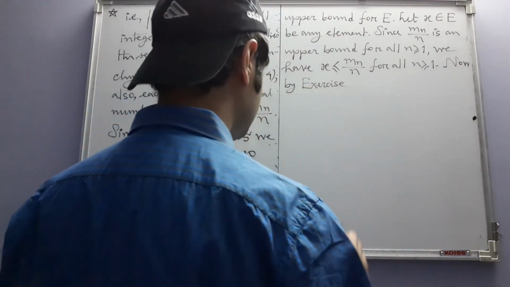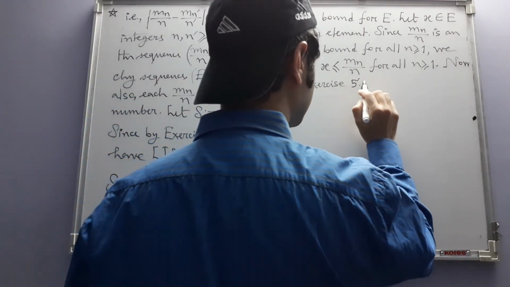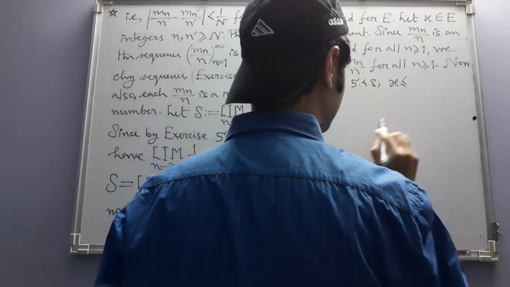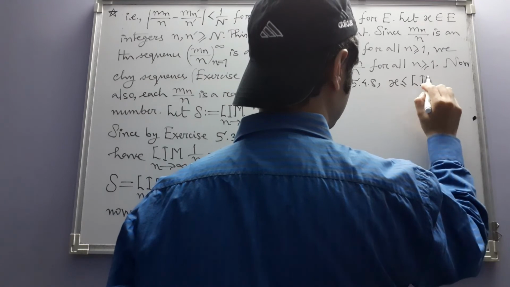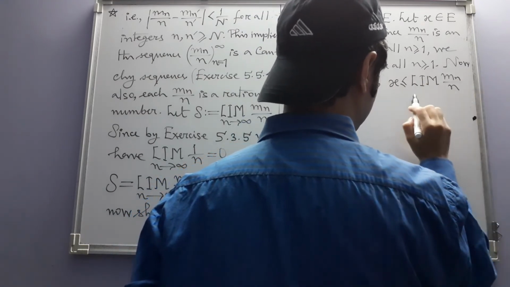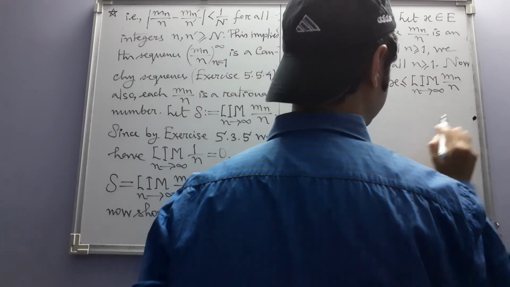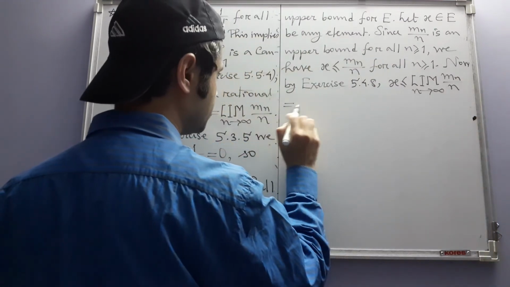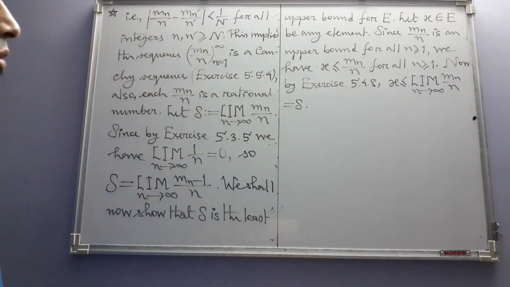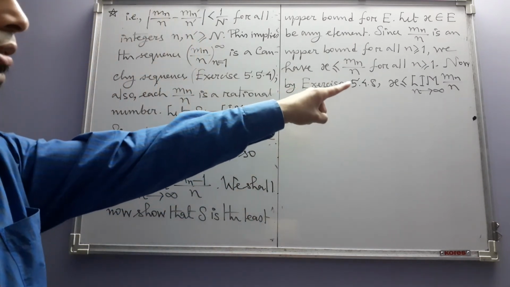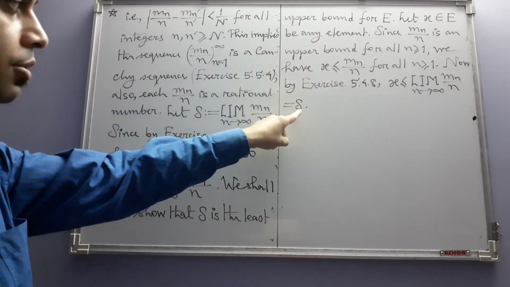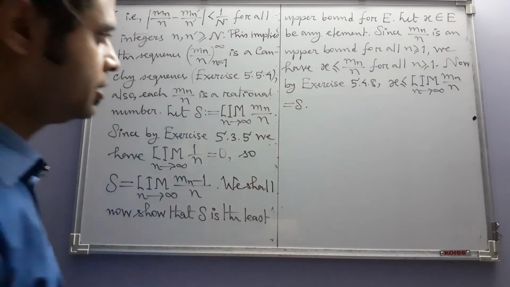So by exercise 548, x will also be less than or equal to the formal limit of this sequence, which is nothing but S. So we see that S is greater than or equal to any element x of E. So that proves that S is an upper bound for E.